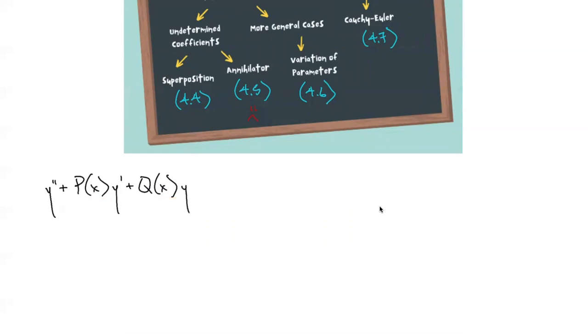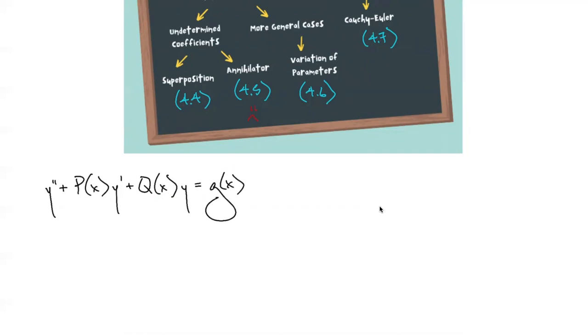And up until this moment in time, we've always had it equal to 0. And that's what we said was making it homogeneous. Now, we're not going to have it equal to 0. In fact, we're going to have it equal to some function of x, and we'll call that function g of x. Okay.